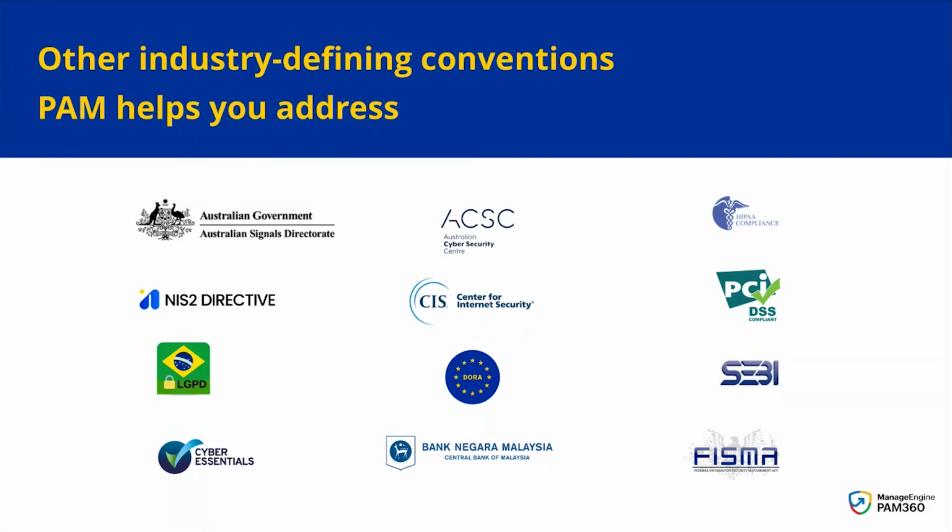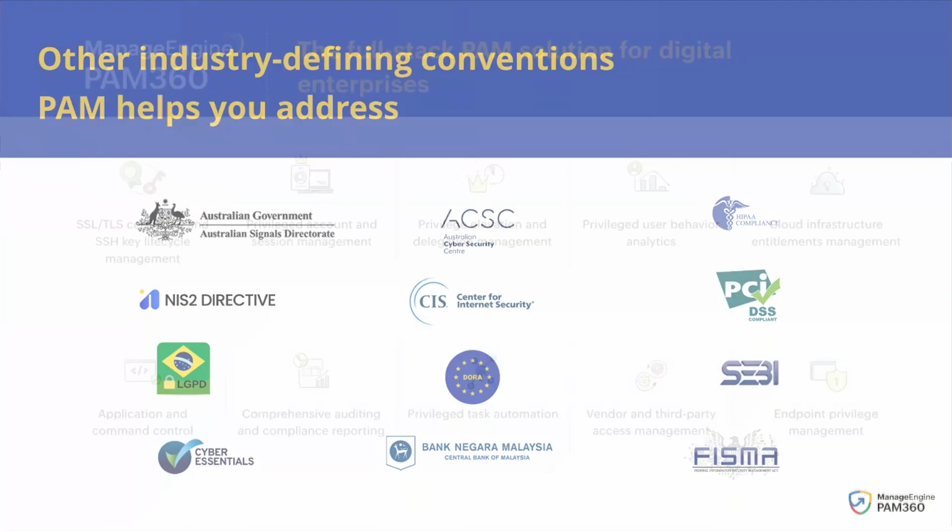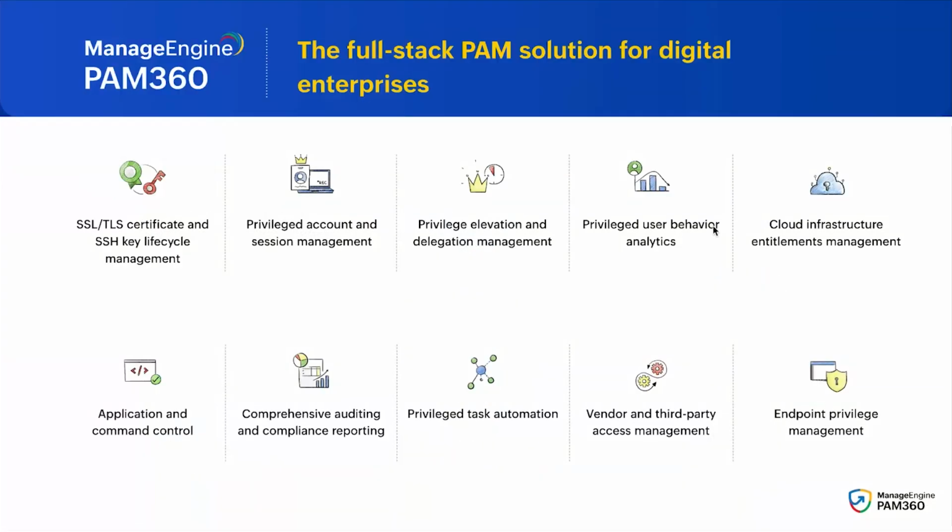Right now, PAM 360 also has extended use cases apart from the things that you've seen today, right? We've seen CI, we have seen cloud infrastructure and development management, but PAM 360 can also enable application command control. So let's assume the guest user has access to a Windows resource, but you do not want the guest user to access other applications.